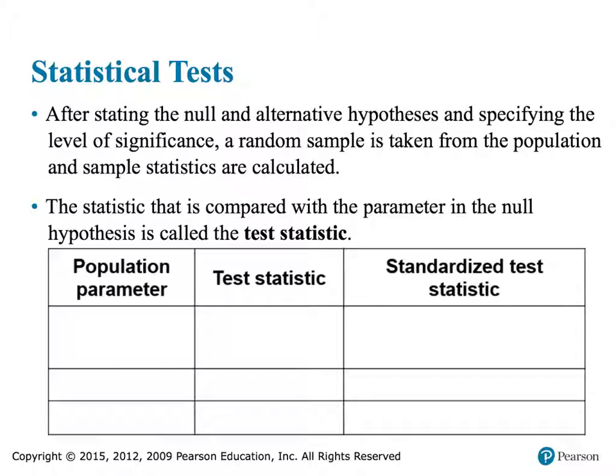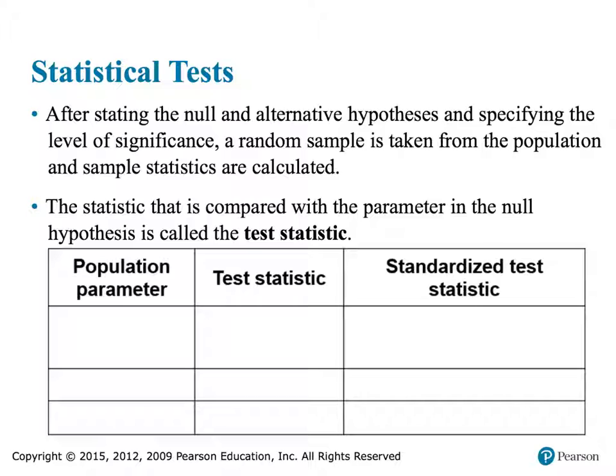So we want to make sure we're clear on the different notations that we use. Because we're going to compare our sample value to a population value, we want to be very clear on the difference between the notations used for sample values, also known as statistics, and population values, also known as parameters.